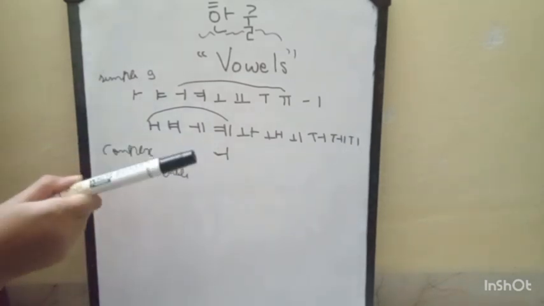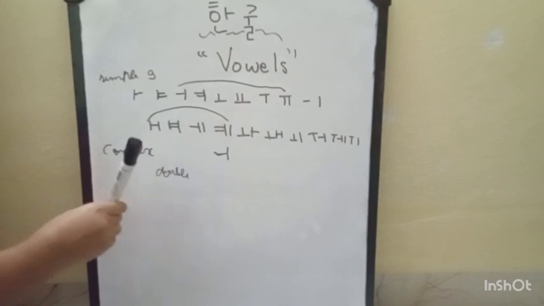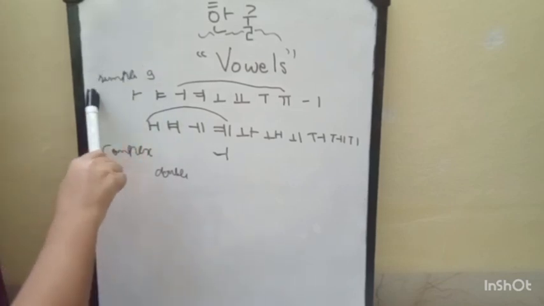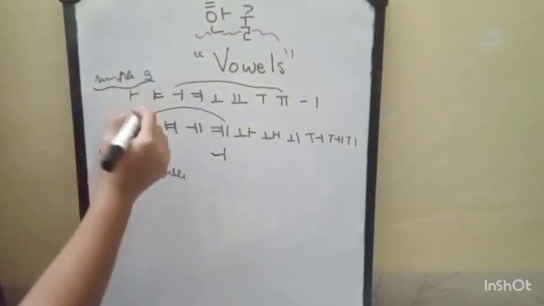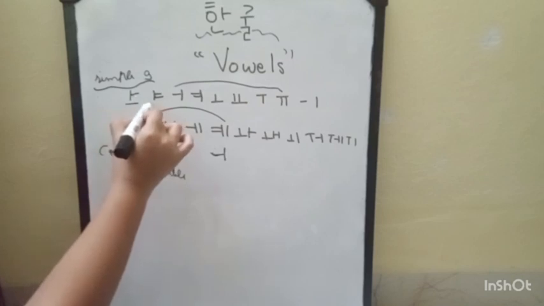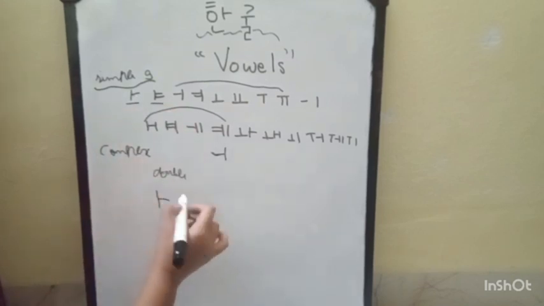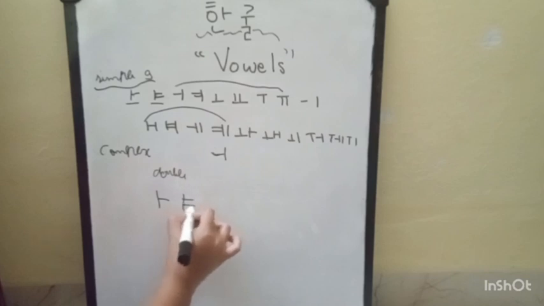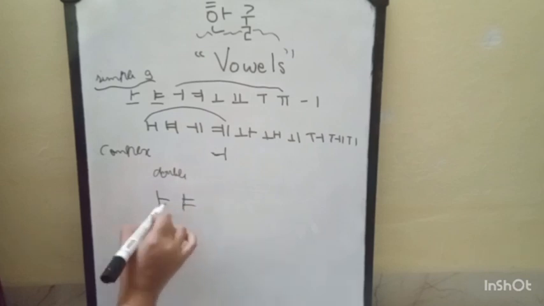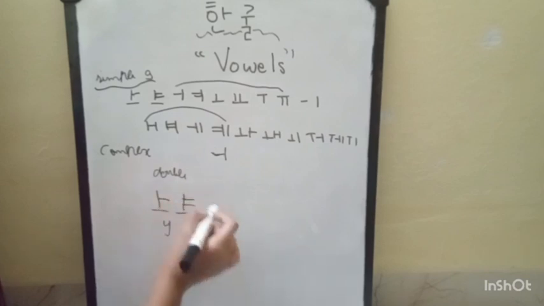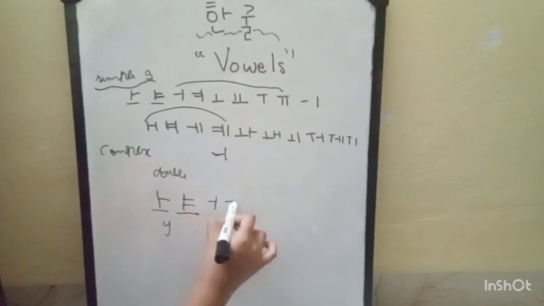Okay, so let's go. Vowels. Let us start with the simple line. So first is A, Ya. As you can see, the pattern is that we are just putting one more line and it is getting the sound of Y. So this is A, this is Ya. Then this is O, this is Yo.